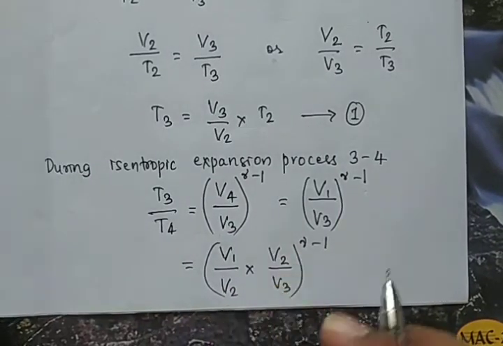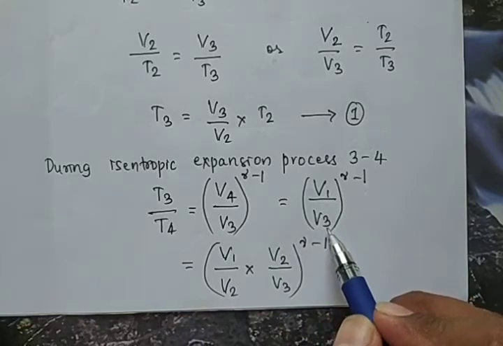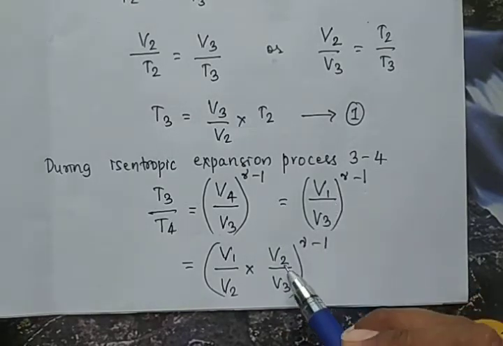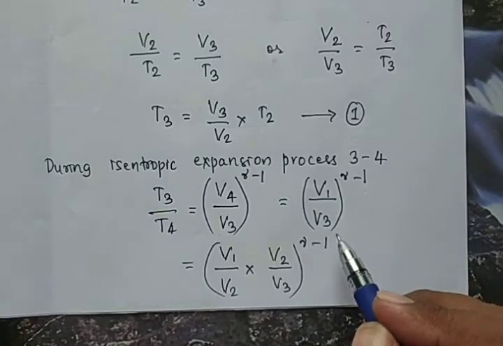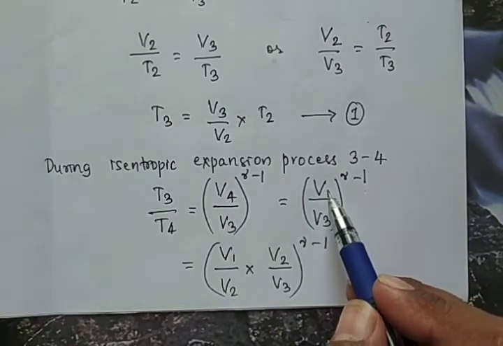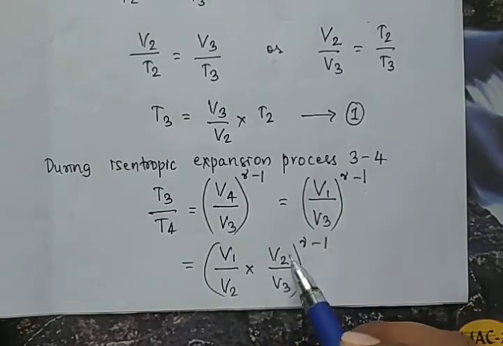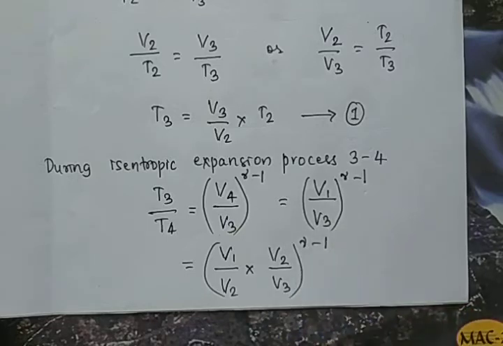So I am multiplying and dividing V1 by V3 by V2. Upon rearranging the terms, V1 by V2 into V2 by V3 whole raised to gamma minus 1.